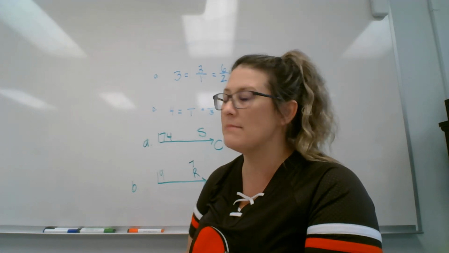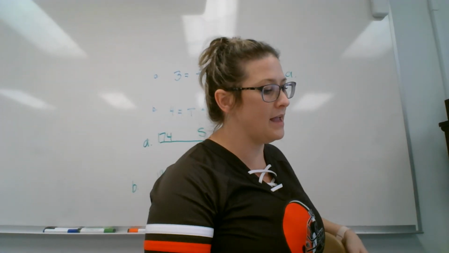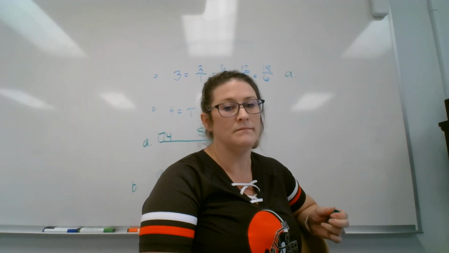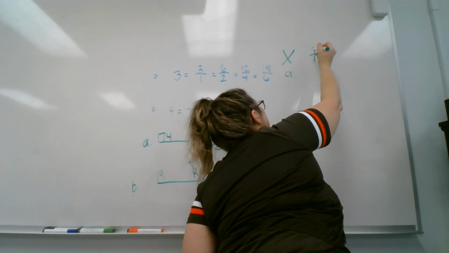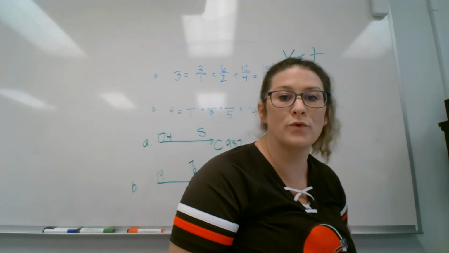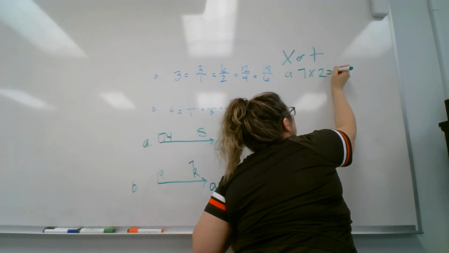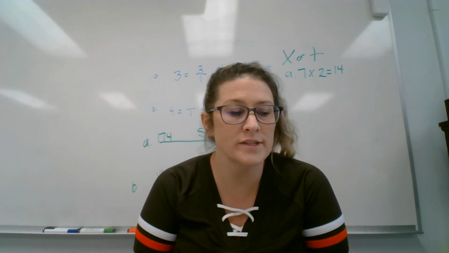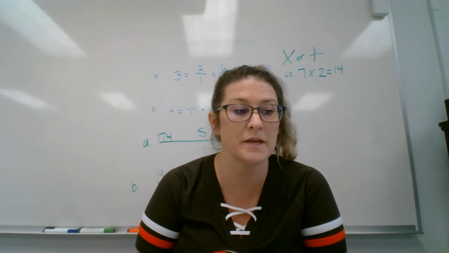Go ahead and look at problem A. Problem A has the numbers 7, 2, and 14. I have to use either a multiplication fact or an addition fact. So for A, my numbers 7, 2, and 14: 7 times 2 equals 14. You are going to go ahead and go through those and either write an addition fact or a multiplication fact.